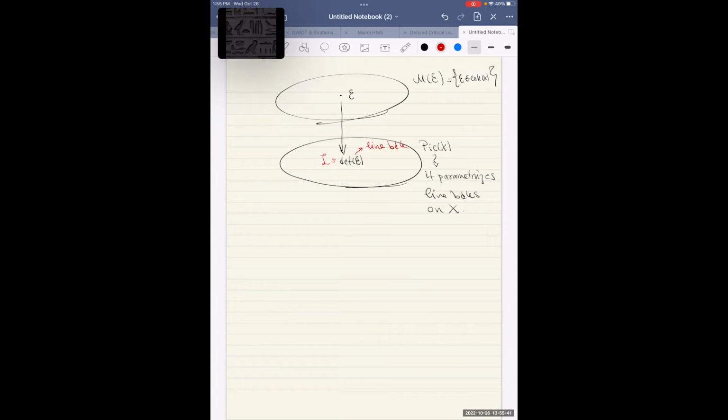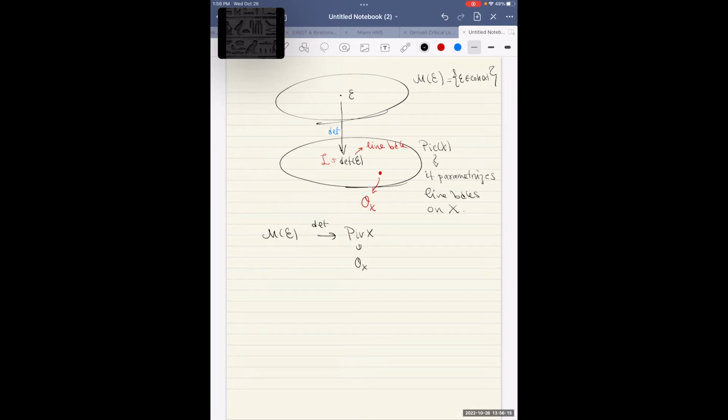We have some particular line bundle here, and this line bundle is O of X. There is always this determinant map, which takes me from the moduli space of coherent sheaves to the Picard variety of X. So I take the O of X in here, and let's call this map det, determinant.